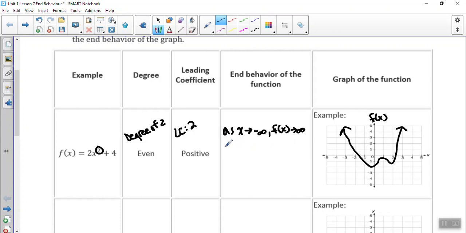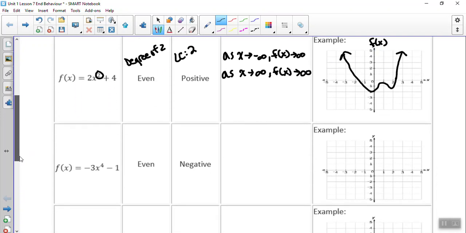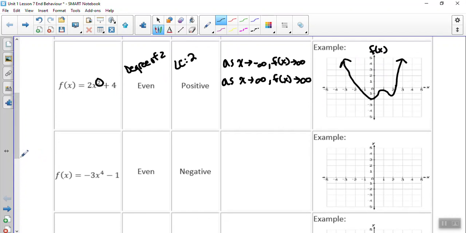And then on the right side, as x approaches positive infinity, I'm talking about all of these positive numbers, my f of x is going to positive infinity. It's going up, so we say positive infinity. That's one type of end behavior.